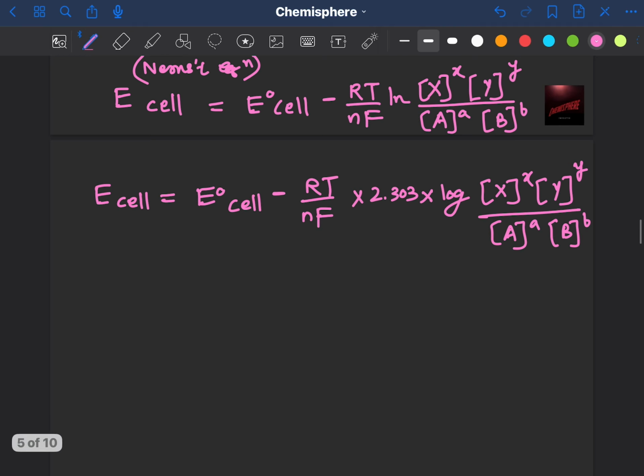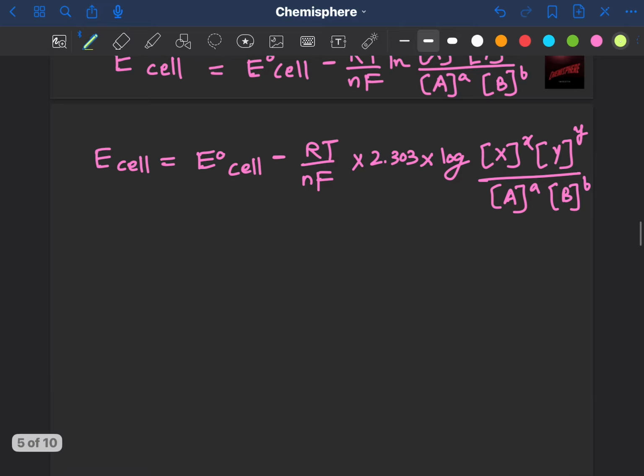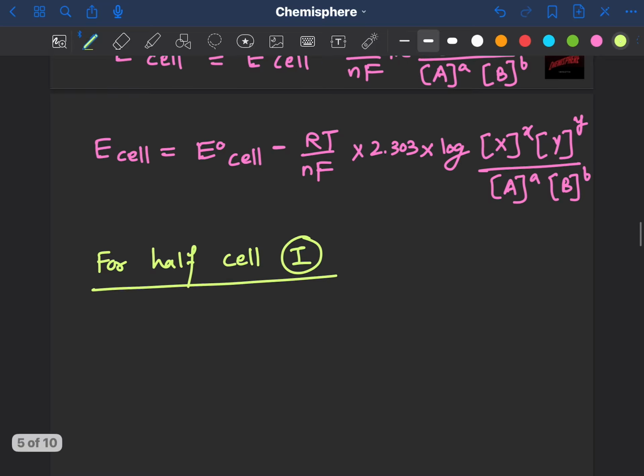Okay, so in this question we have been given two half cells. Let us say for half cell 1, let us denote that like this: Sn(OH)6 2 minus and HSnO2 minus.